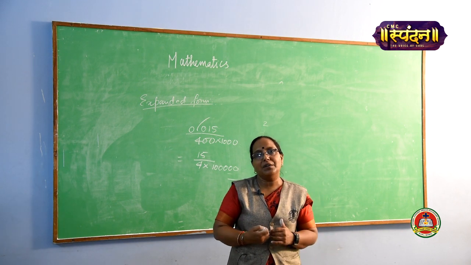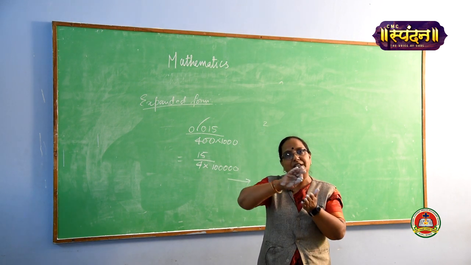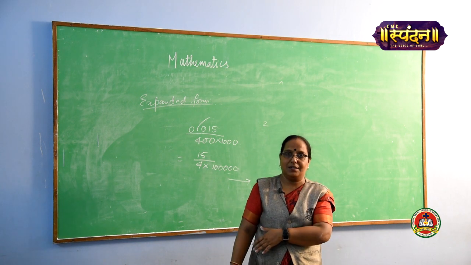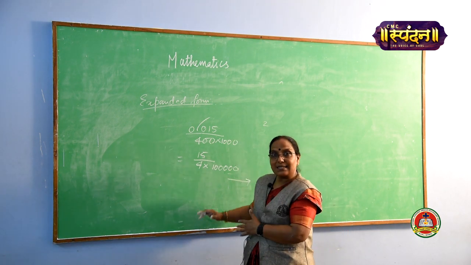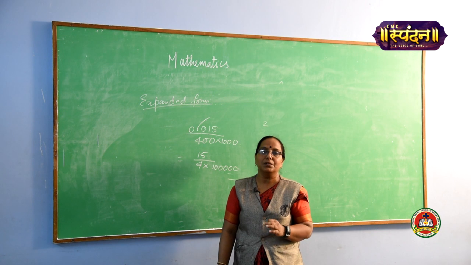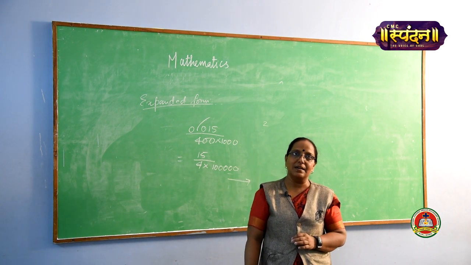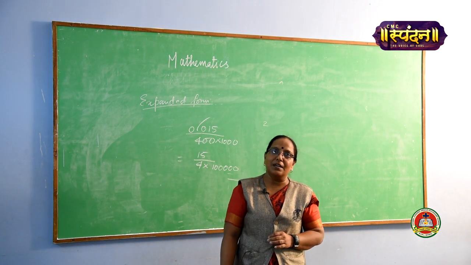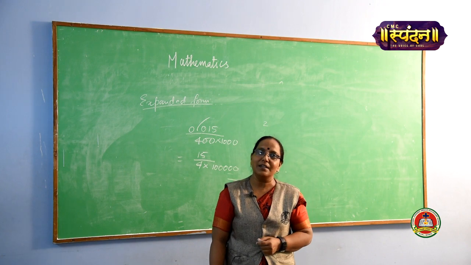And when you divide, you change from right to left side. Clear? By this concept, try to do the questions of your exercise, and whatever continues I will show in the next class.